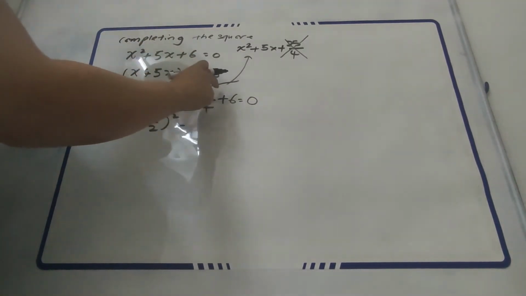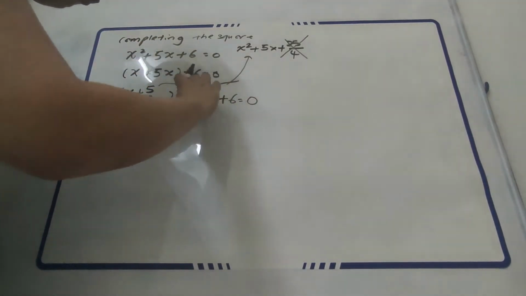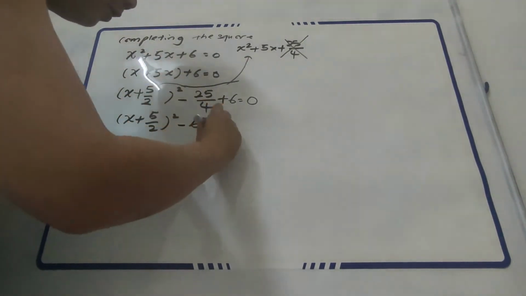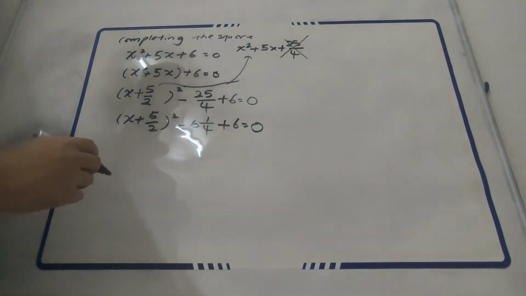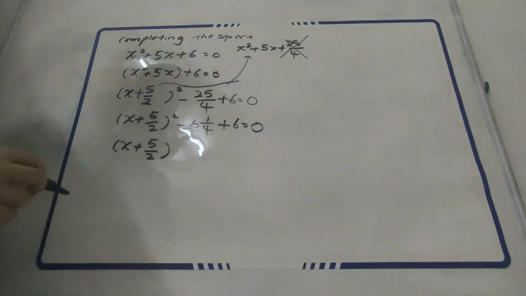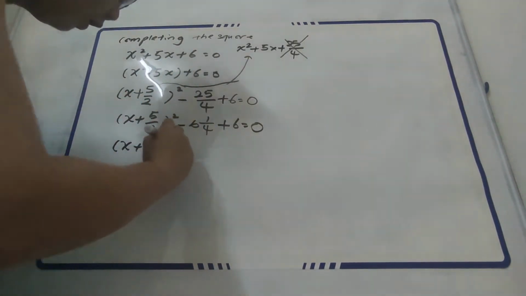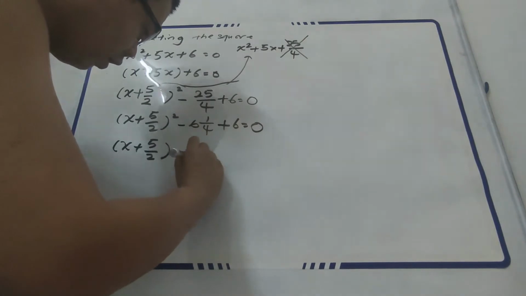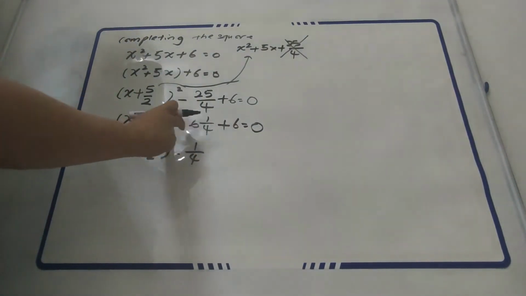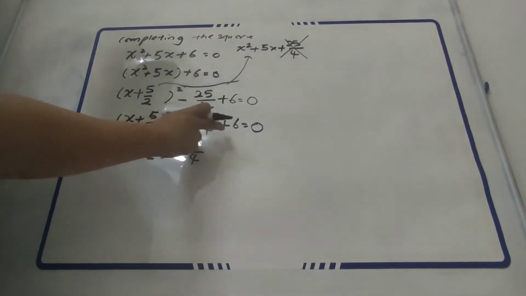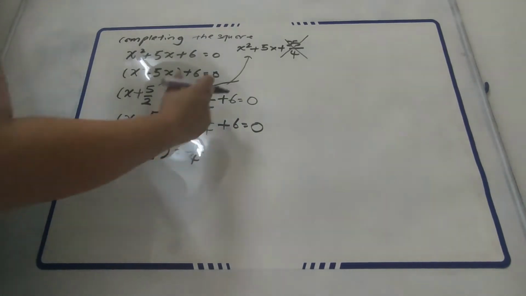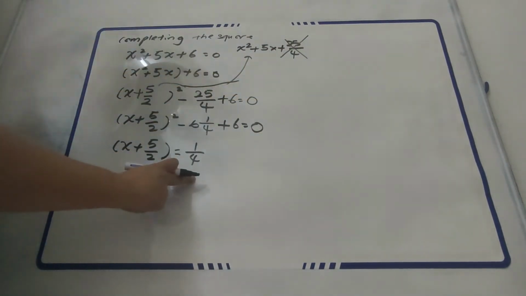You can rewrite it in this form: x plus 5 over 2 squared, minus 6 and a quarter plus 6, equals 0. After you perform the calculation, 6 and 1 over 4, negative, plus 6 is a minus quarter. You move it to the right hand side, you get positive.